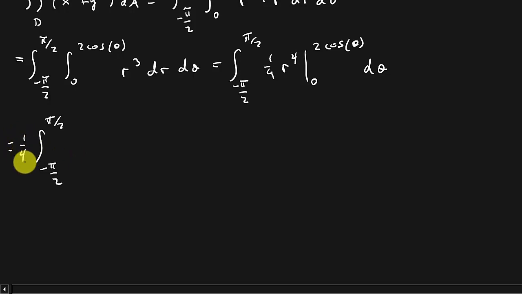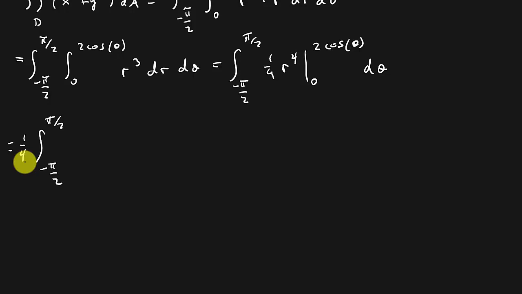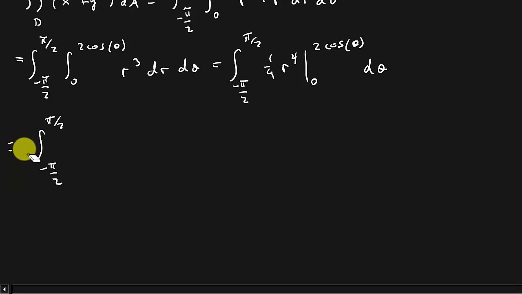Well, it doesn't matter, I'll just leave it in. That's fine. And so that's going to be 2 cosine theta, and that's to the 4th d theta.